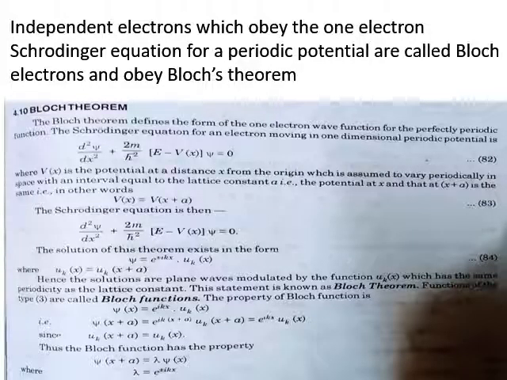Here we have discussed about the electron as an independent electron which obeys the Schrodinger equation for a periodic potential is called the Bloch electron. ठीक है, or we can say that the electron which obeys the Bloch theorem in a periodic potential, that type of electron is known as a Bloch electron.